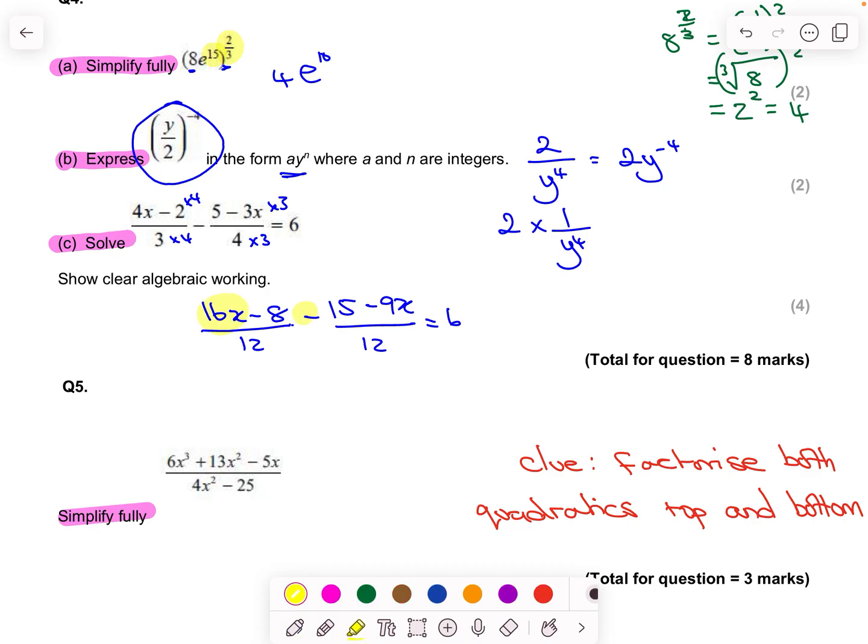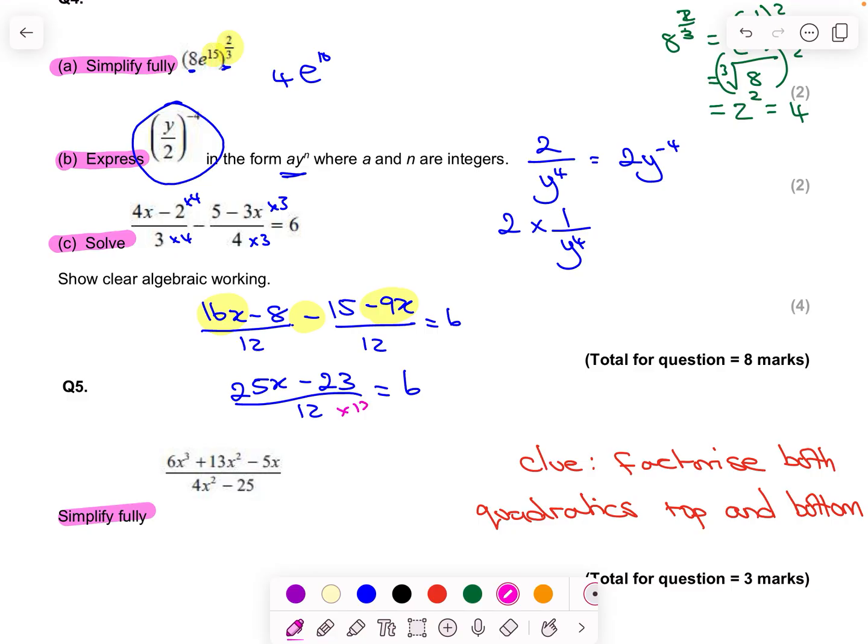I've got to be careful, take away minus 9x. So that's plus 9x, so it's 25x. So 25x. And then I'm going to do minus 8, take away 15, which is minus 23, all over 12 equals 6.